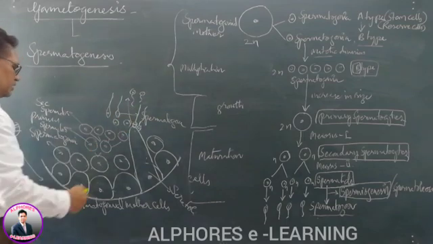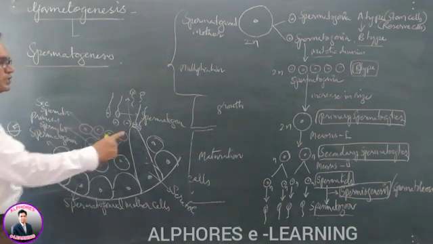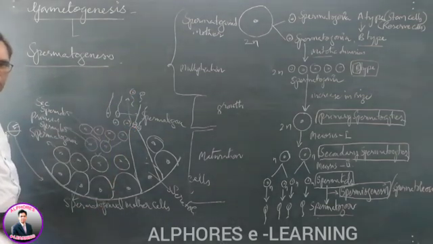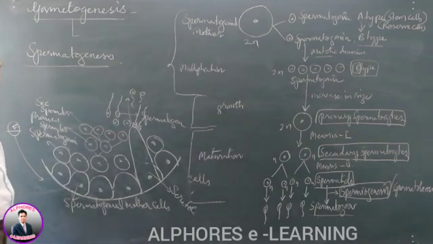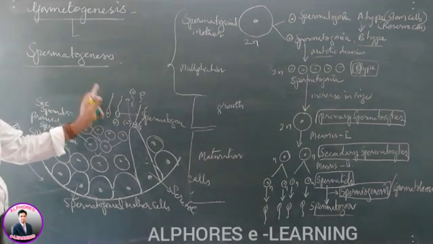This is called spermiation, the detachment of the heads of the spermatozoa and their release into the lumen. Okay. This is how the spermatozoa or sperms are released into the lumen.